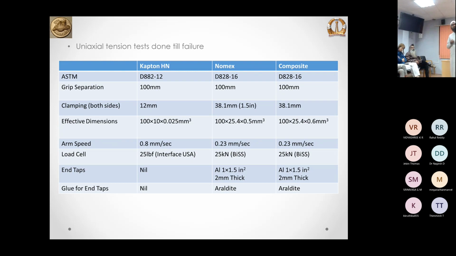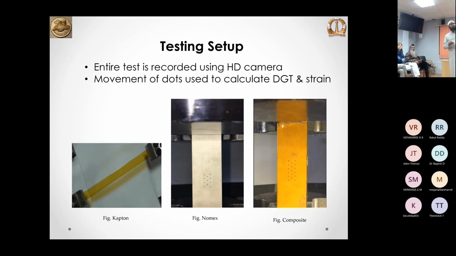For Nomex it is 100 mm long, 25.4 mm wide, 0.5 mm thick. These dimensions are taken from these ASTM standards. We used end tabs for Nomex and composite because they are stiff, and we used Araldite to fix them.